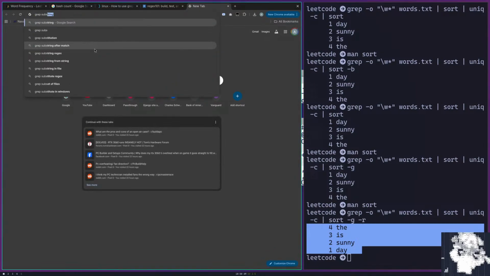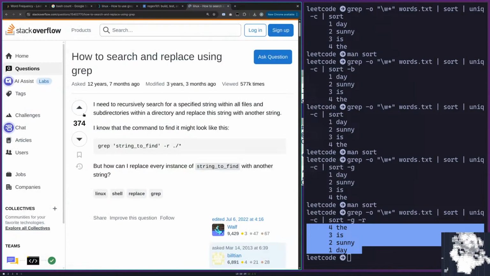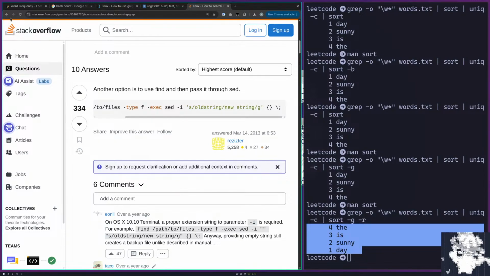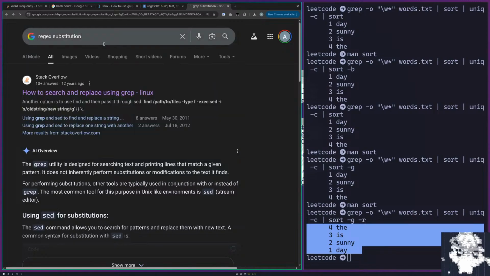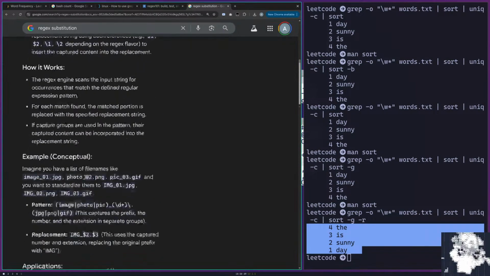Grep substitution. You could pass it through sed, so maybe I want sed, not grep. But either way, regex substitutions. How does it work?